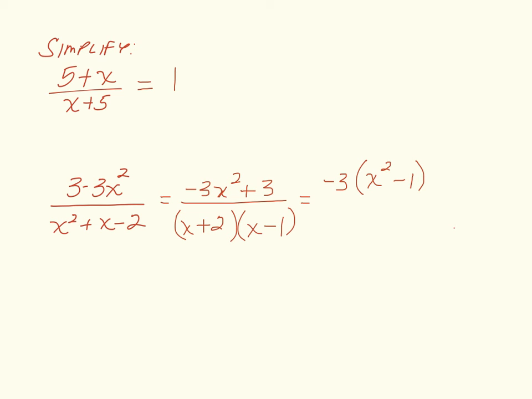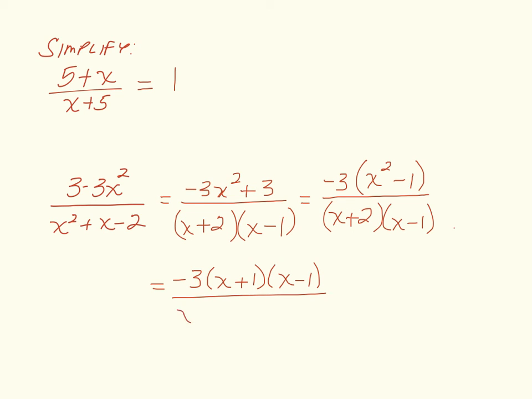But that's a difference of 2 squares, right? Isn't x squared minus 1 a difference of 2 squares? So I'm going to come down here and factor it out some more. X plus 1, x minus 1, all over x plus 2 times x minus 1.